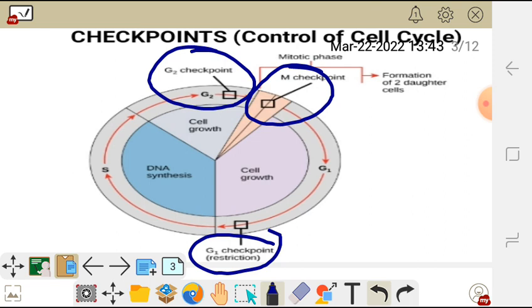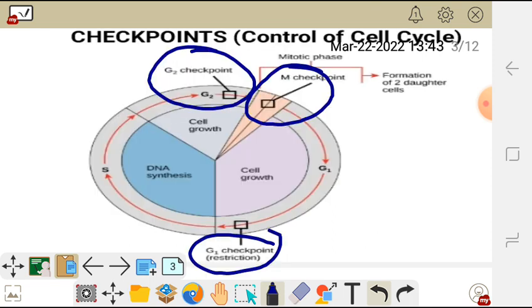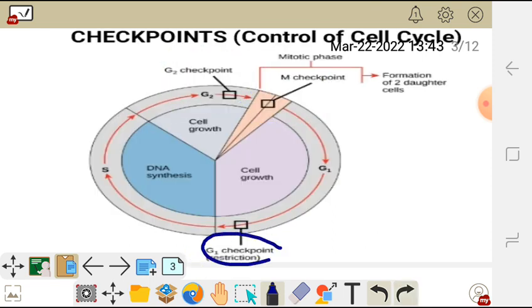Let's start by looking at the first checkpoint, which is the G1 checkpoint. Under the G1 checkpoint, the cell is assessed whether the requirements needed to proceed to the S phase are met.